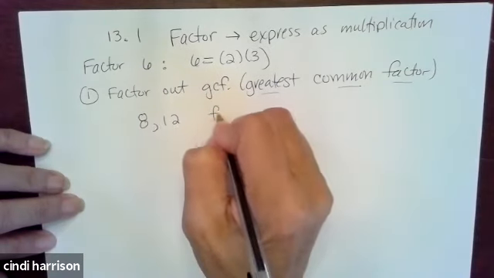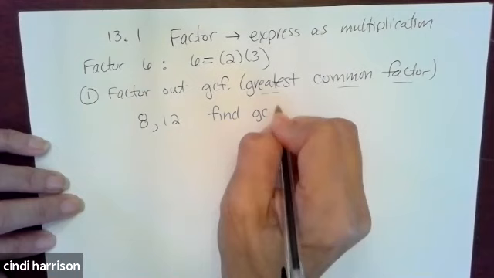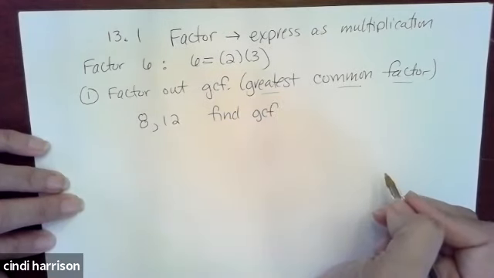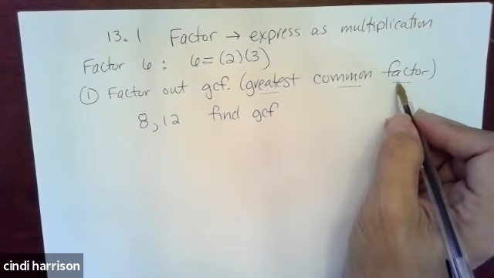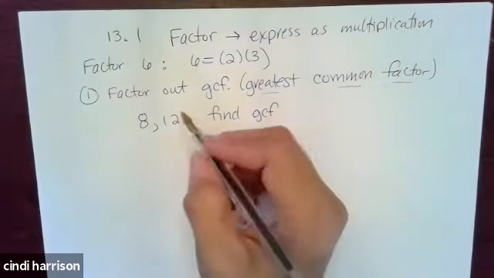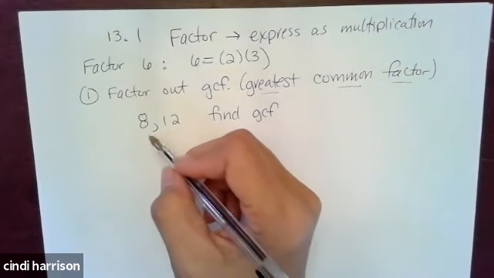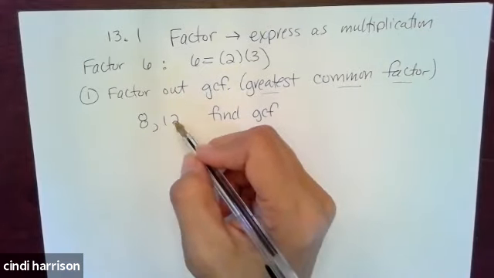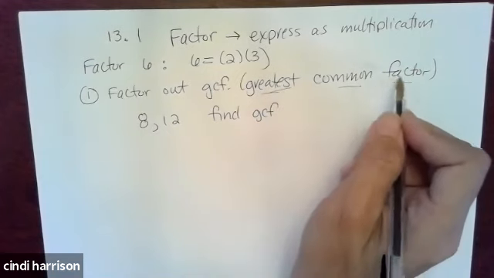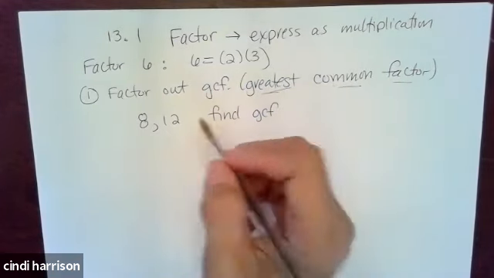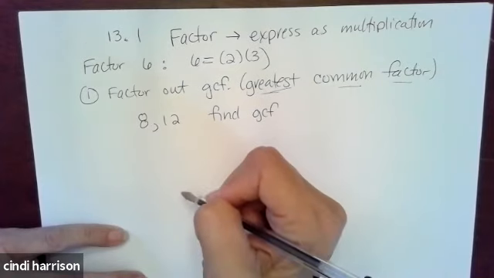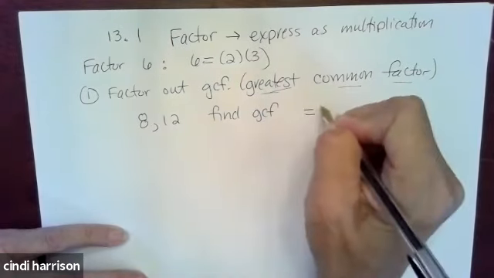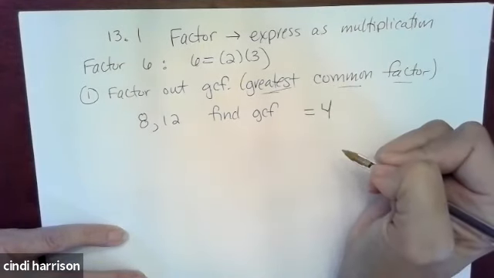You might be asked to find the GCF of 8 and 12. So factor, in this case as a noun, is going to be something that divides into something. So the greatest common factor of 8 and 12 means the largest factor they have in common. Well, in other words, what is the biggest number that goes into both of these evenly? And that in this case would be 4.